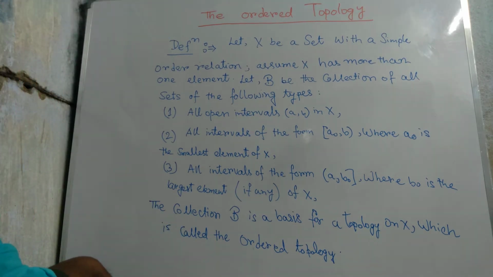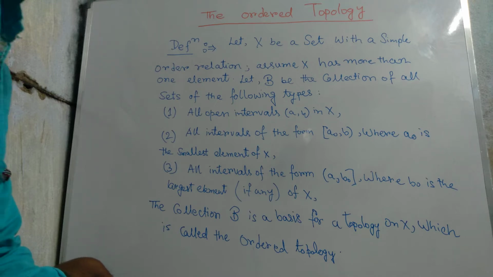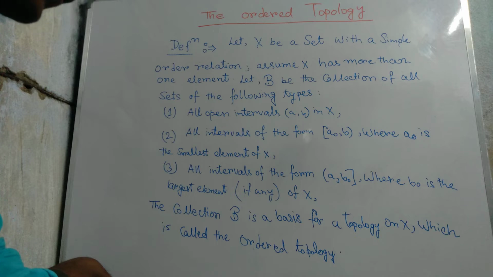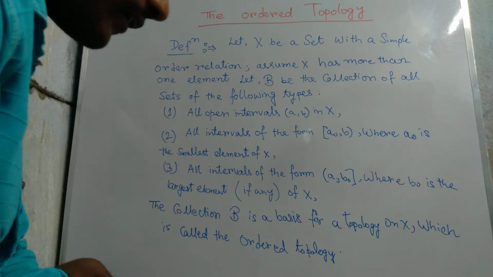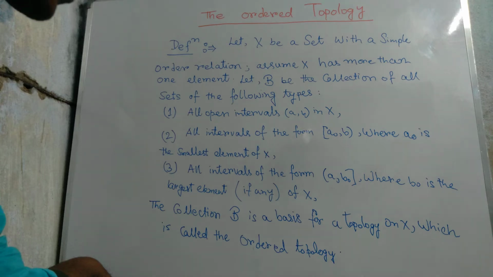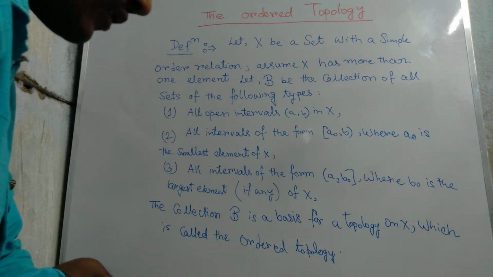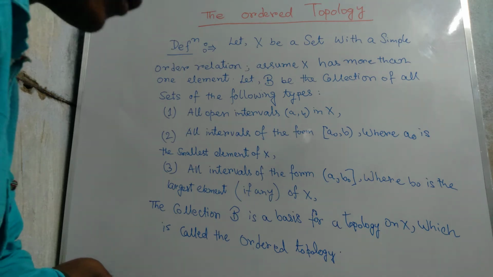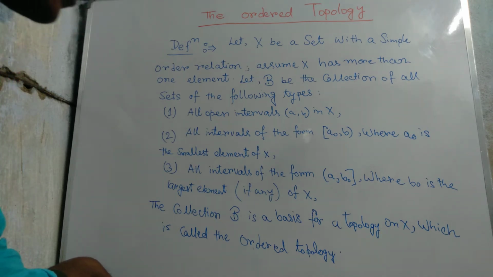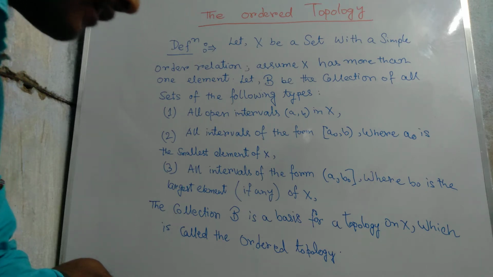So now we start the order topology. At first I start with some familiar intervals that we already know. Open (a,b) is the set of x such that a less than x less than b, and open a closed b is the set of x such that a less than x less than or equal to b.